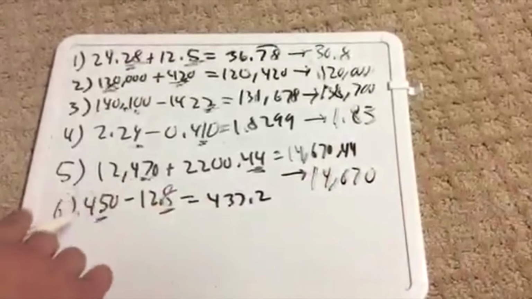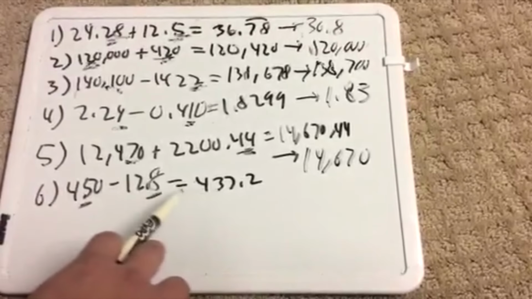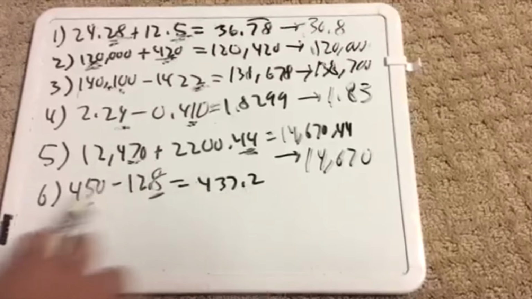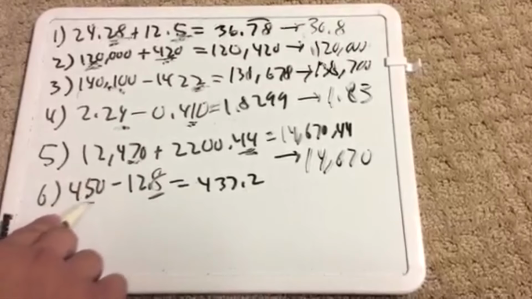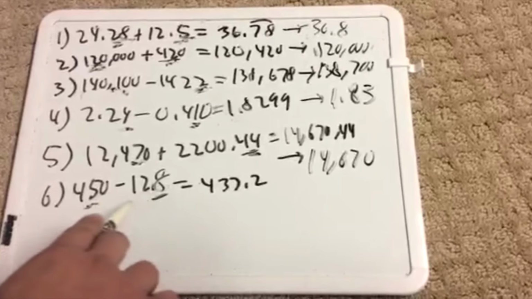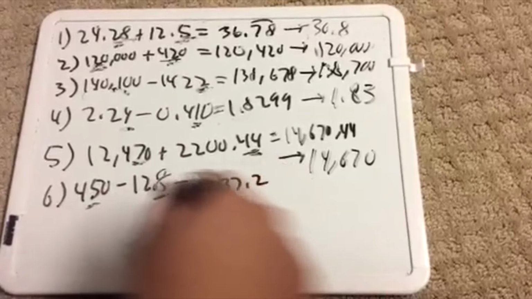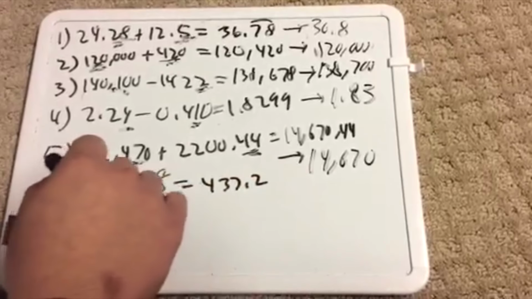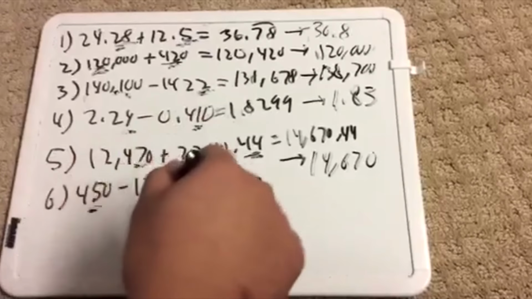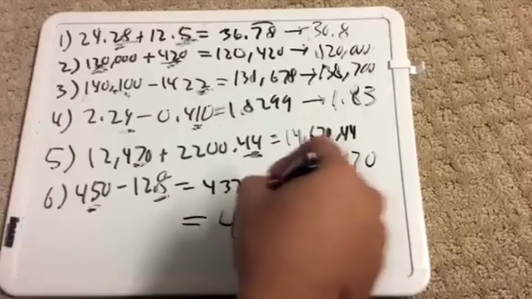And last but not least, we had 450 minus 12.8, which would come out to 437.2. So for 450, the 5 is the least specific and is in the tens place, whereas for 12.8, the 8 is in the tenths place. So we round to the tens place, so it would come out to 440.